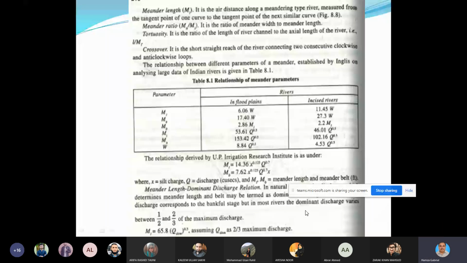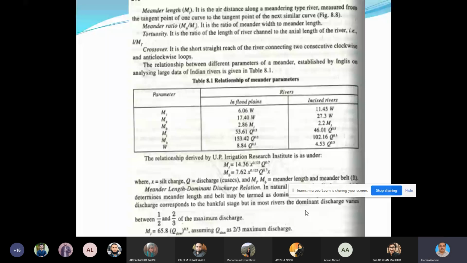ML is equal to 65.8 Q dominant raised to power 0.5, assuming that Q dominant is 2/3 of the maximum discharge. So this is another relationship established between the meander length and the dominant discharge. From here also you can determine the meander length.